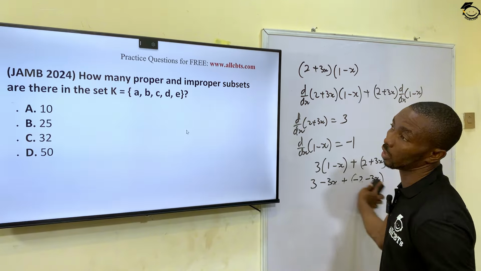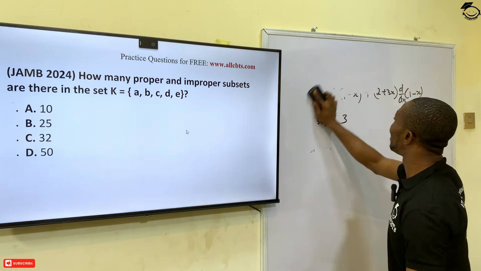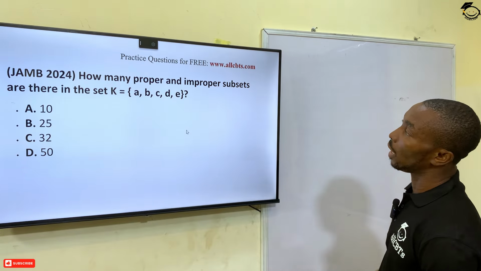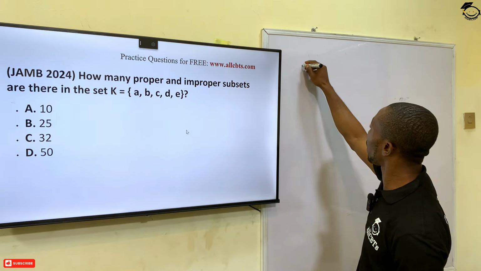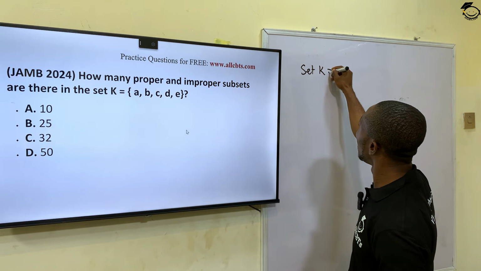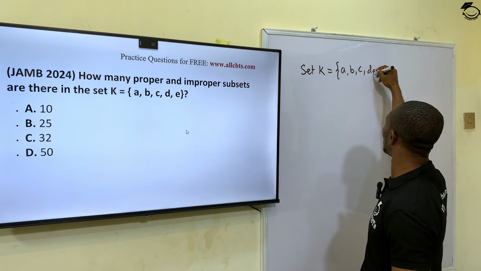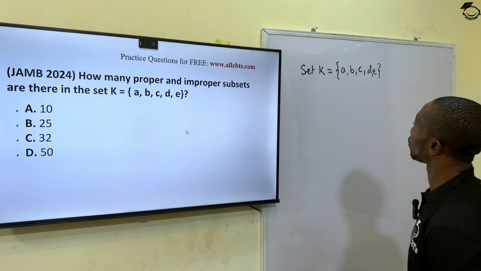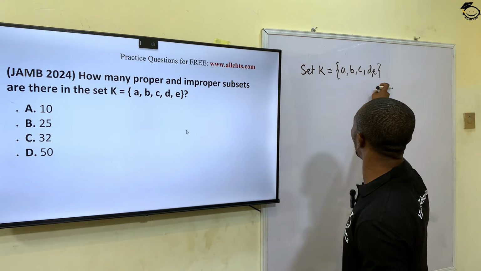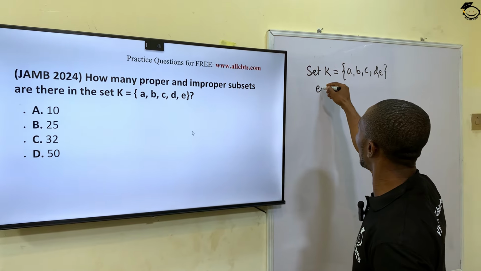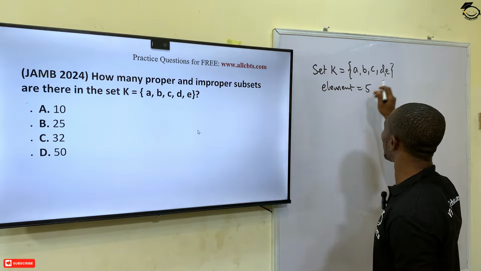And to our next question from 2024, how many proper and improper subsets are there in the set K? Now we have set K as A, B, C, D, and E. Okay, now for us to find our subsets, we need to know the number of elements here. Our number of elements are 5.